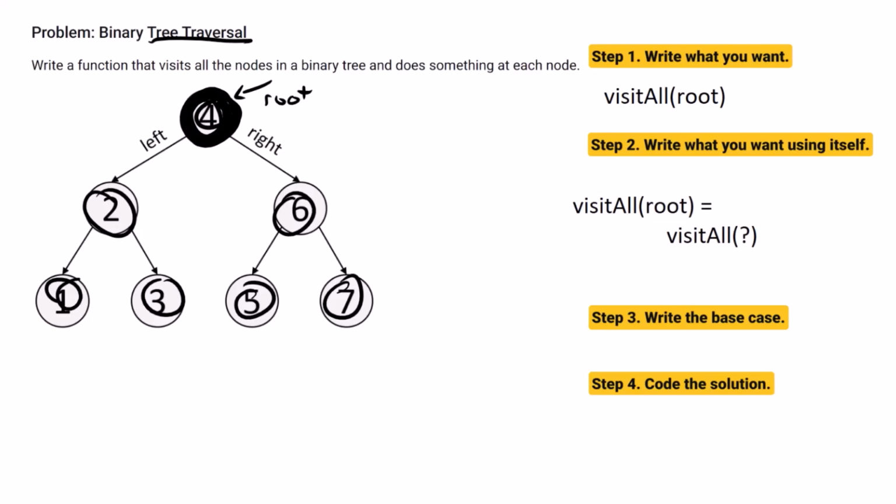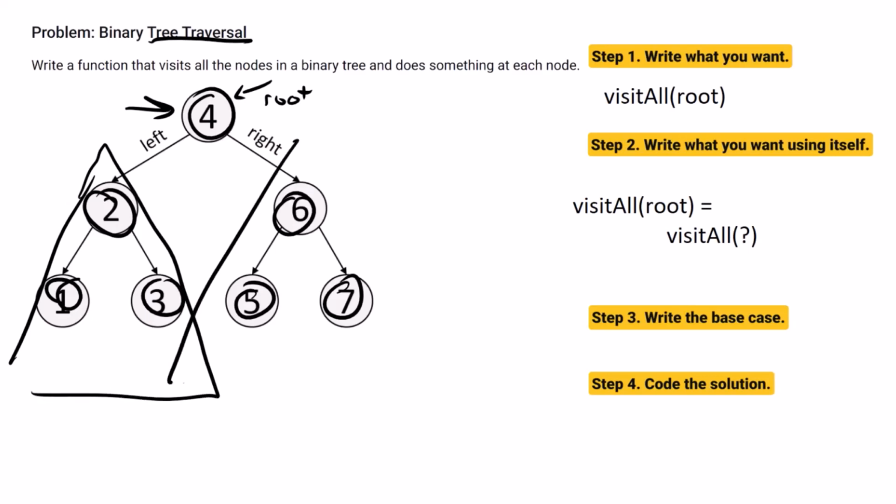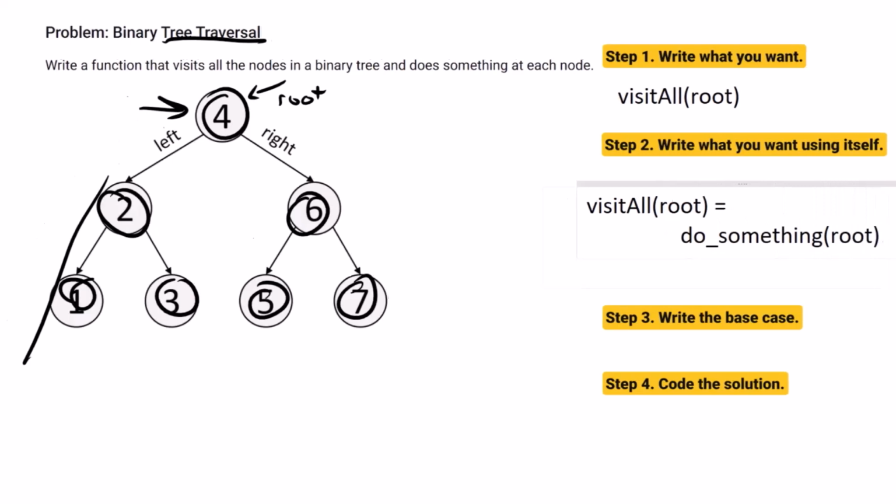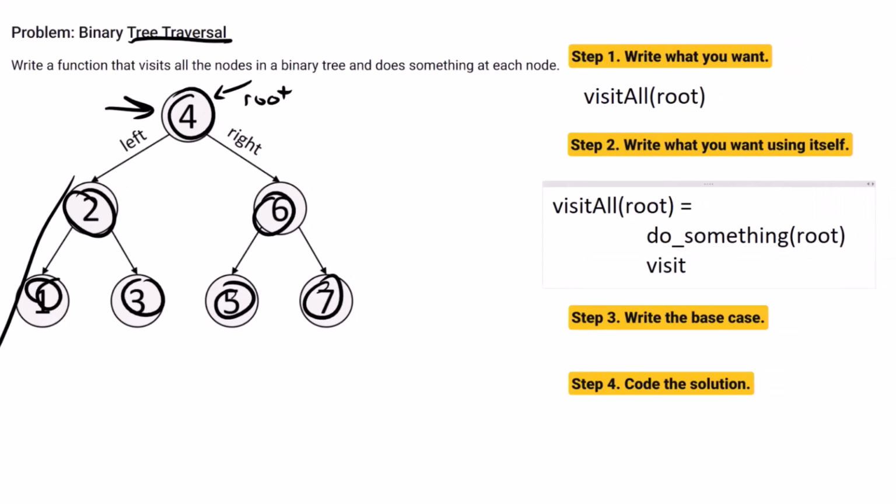So we want to do something on the root, and then we also want to do something on all the left children, and then on all the right children. So we pretty much just came up with the recursion. Visit all of root is equal to doing something on the root, and then visiting all on the left child, and then visiting all on the right child.